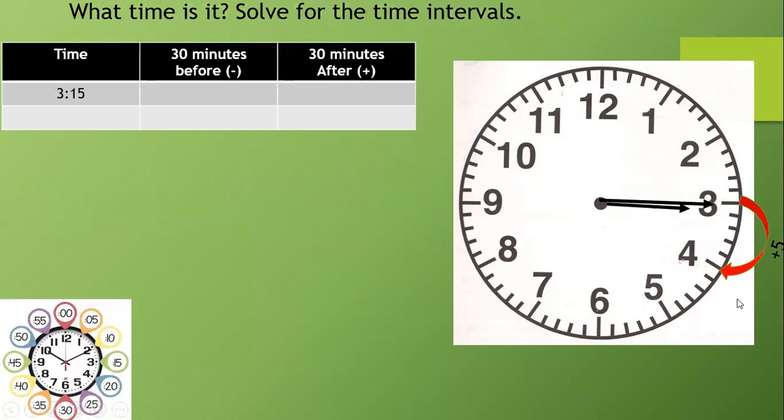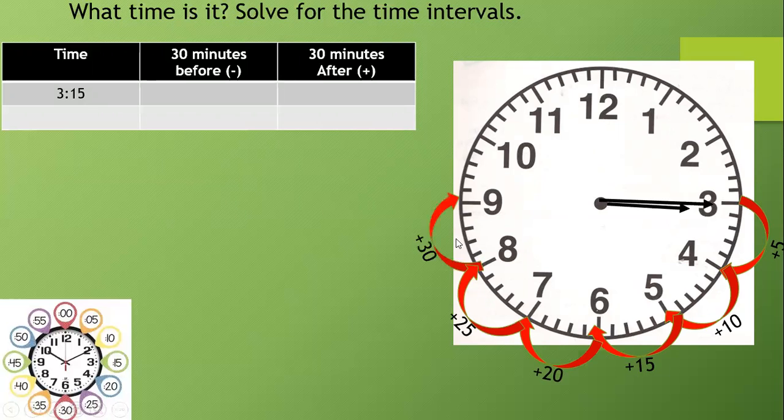So 5, 10, 15, 20, 25, 30, okay? Imagine now that our minute hand has moved all the way around to the 9, and our 9 tells us that it's 45, okay? So it would be 3:45.